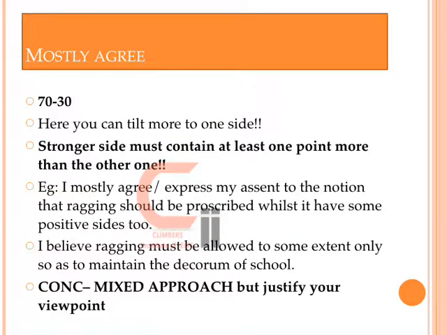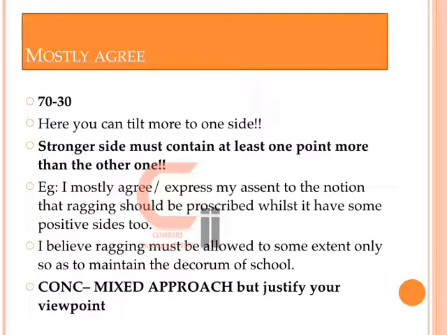Or when you choose mostly agree, here you can tilt more to one side. The stronger side must contain at least 1 point more than the other one. So these are the words that you can use. I mostly agree. I express my assent to the notion that ragging should be proscribed whilst it has some positive sides too. Or I believe ragging must be allowed to some extent only so as to maintain the decorum of the school.